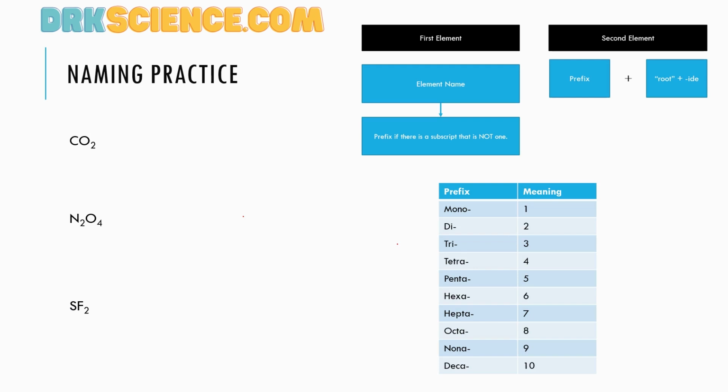Our first one is CO2. For our first element, carbon, there is no subscript. That's an implied 1. In this case, that means that all we need to do is write the element name, because remember, mono is not a prefix we use for the first element. So in this case, we would have carbon. Now our next element is oxygen.